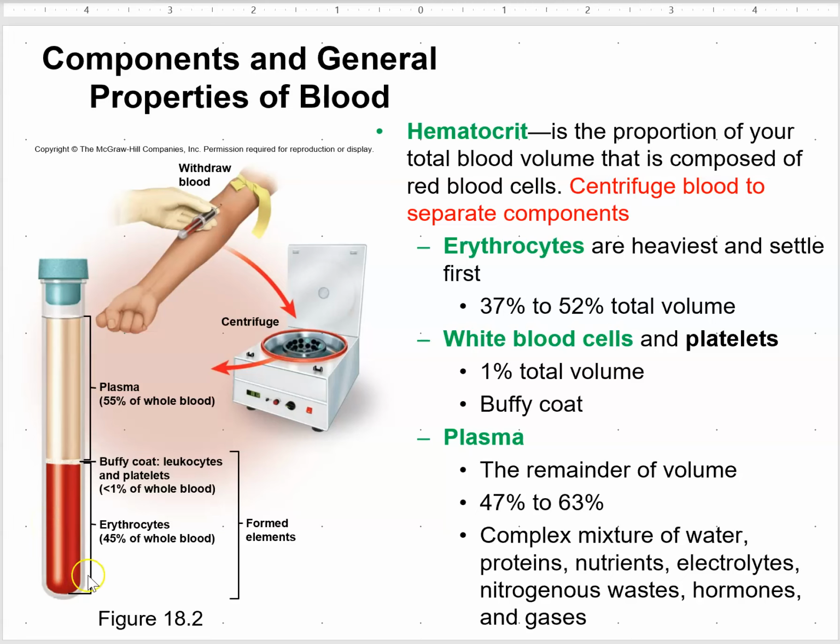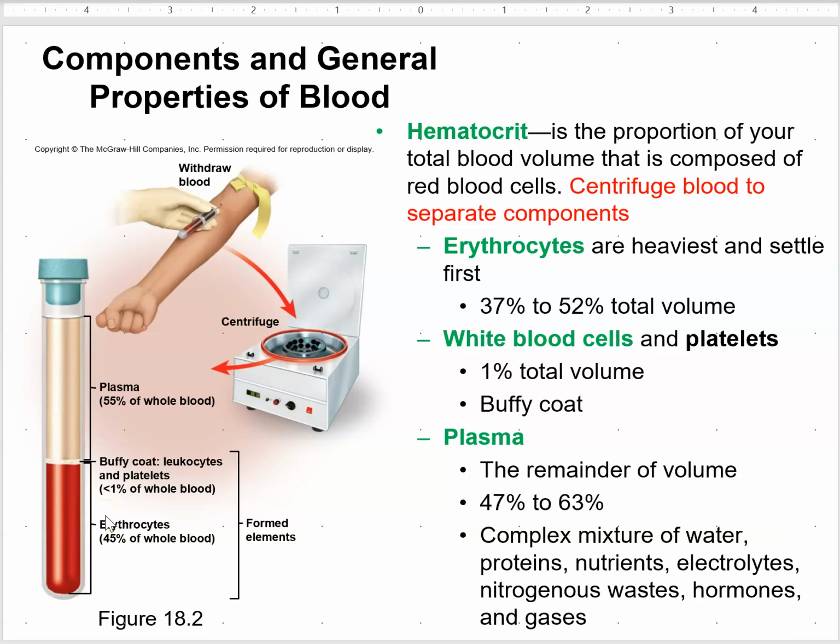If the concentration of erythrocytes is really low, it means the person does not have enough blood cells. That condition is called anemia. And polycythemia is a condition wherein a person produces an excessive amount of red blood cells. In polycythemia, the person might have, say, about 70% erythrocytes rather than the normal 45%.